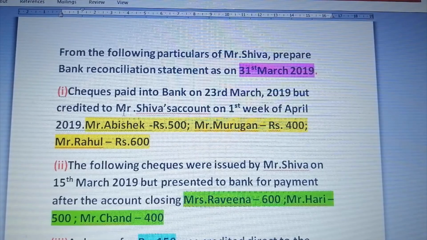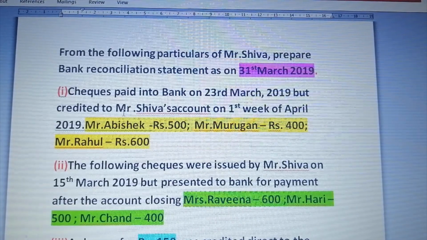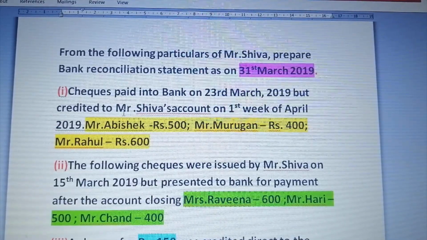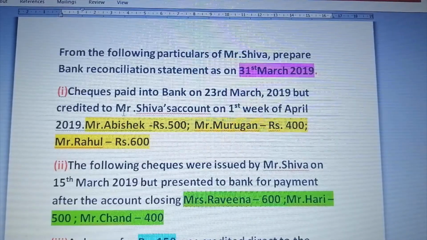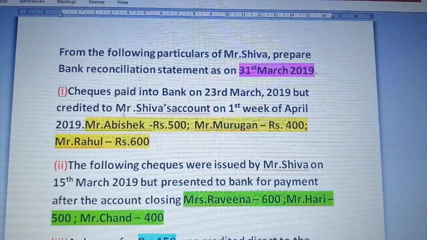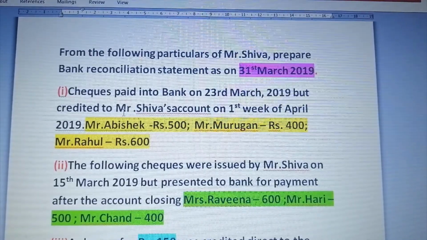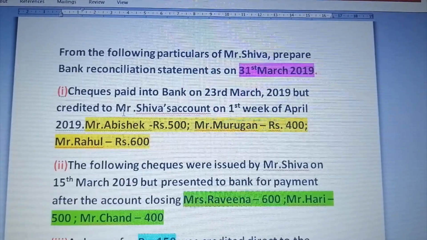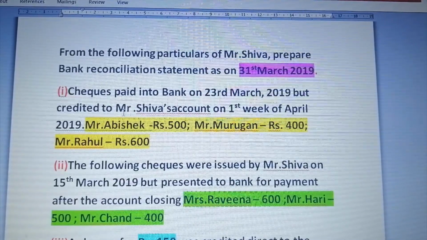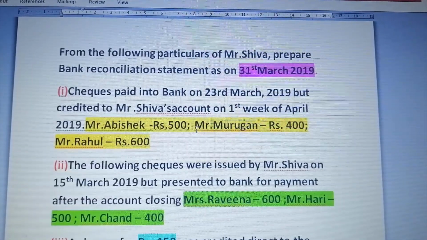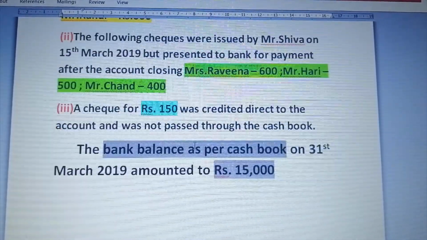So this transaction leads to decrease the balance of passbook because this transaction is already entered in cash book. So when compared to passbook balance, the cash book balance has been increased. But as the checks were not yet credited to his account, the balance of passbook becomes low when compared to cash book balance. So this is the transaction which leads to decrease the balance of passbook. So this transaction is to be deducted from cash book. Clear?